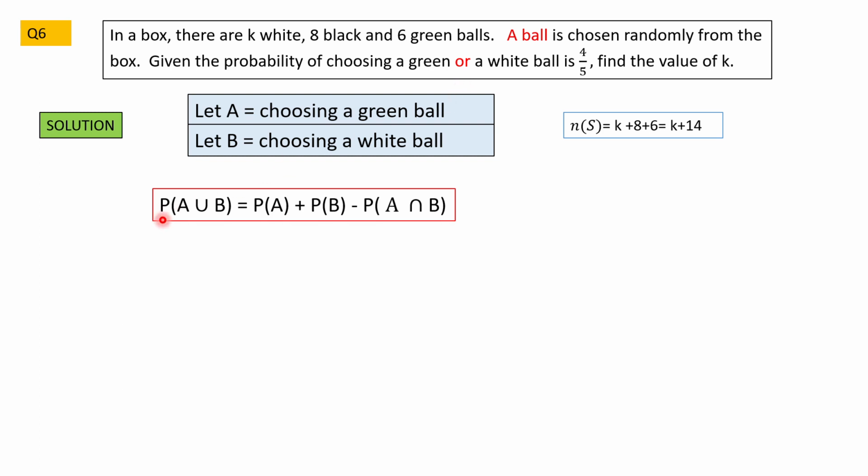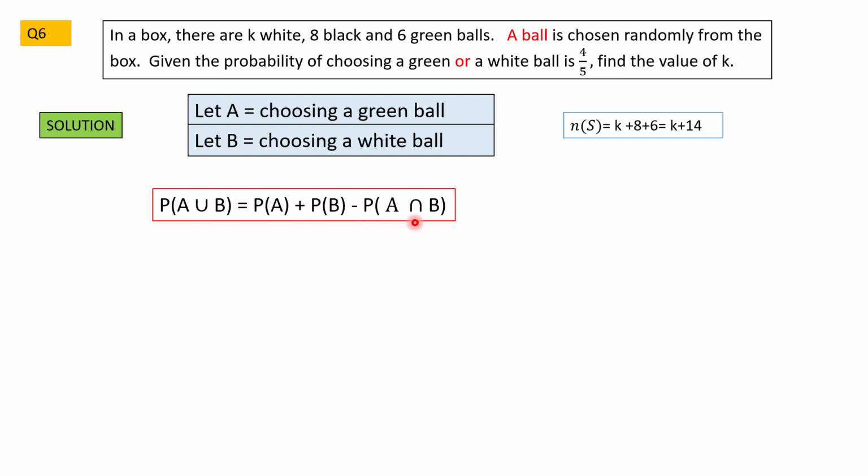Therefore, we are going to use this formula: probability of the union of set A and B equals probability A plus probability B minus the probability of the intersection between A and B. Again, remember the word or can be replaced using the symbol union, and the word and can be replaced using the symbol intersection.